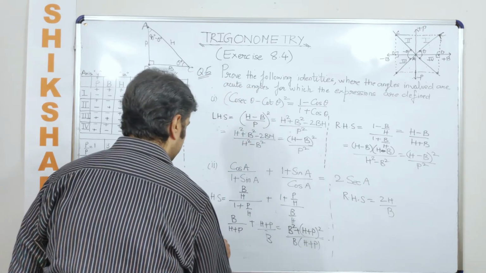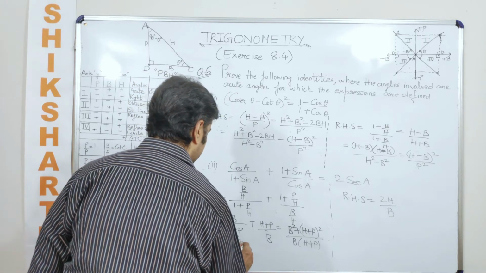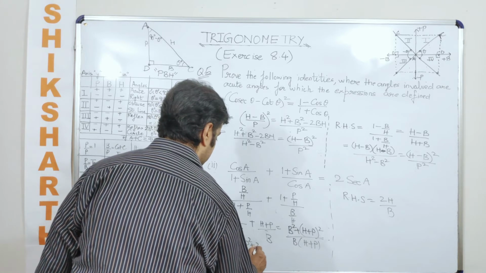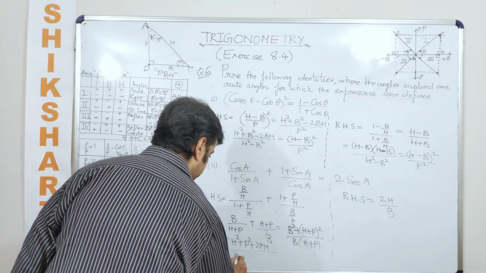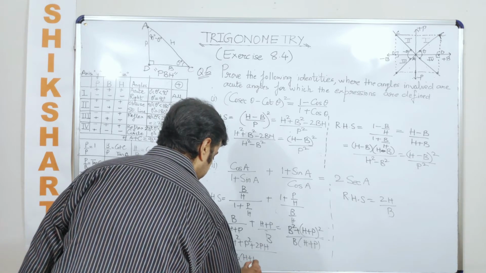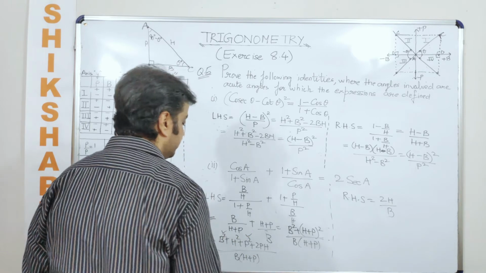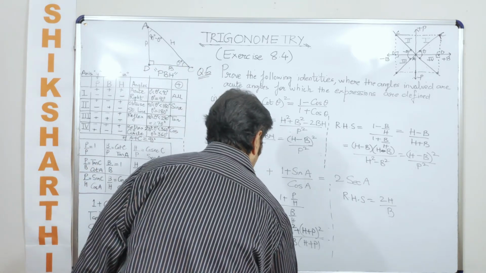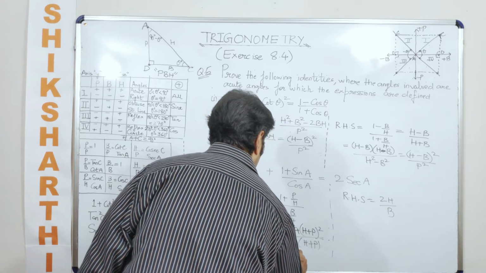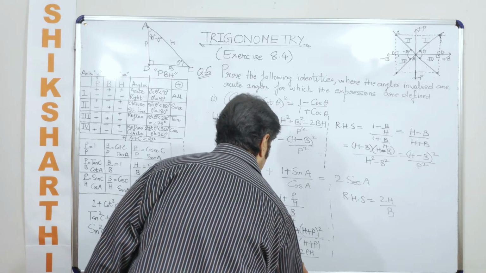And after this we could have written it as this is nothing but b square plus h square plus p square plus 2ph divided by again b times of h plus p. Now if I use this and this, I'll be able to say that p square plus b square is equal to h square. So eventually we'll be able to say this is 2h square plus 2ph divided by b times of h plus p.